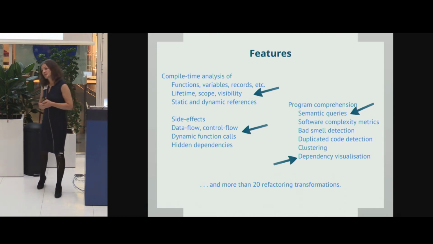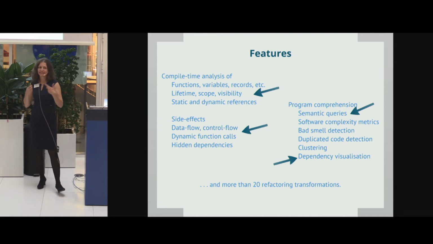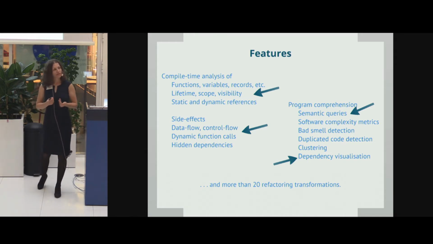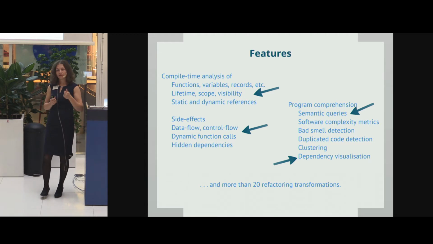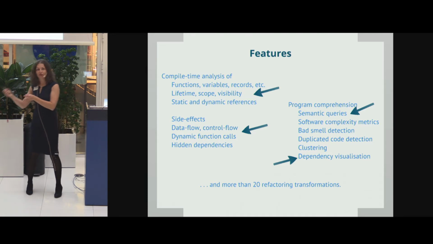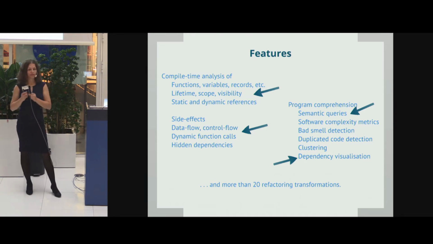But what we are doing is that we try to identify so-called semantic entities in the source code. So once we find a record definition, we will exactly mark that this is a record. It has a name, it's located here, so it belongs to some file. And whenever we find a reference to a record, we try to identify which definition it belongs to.